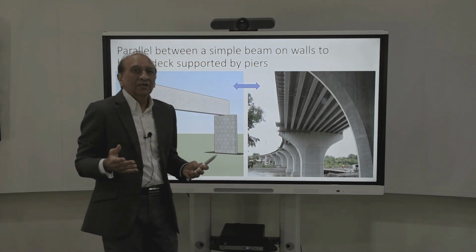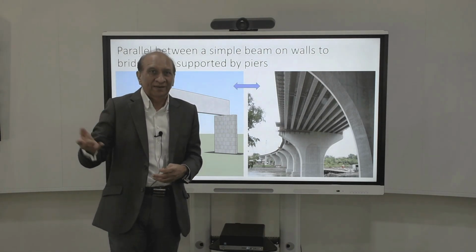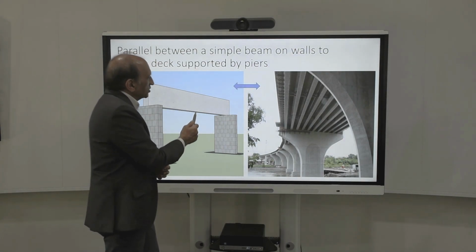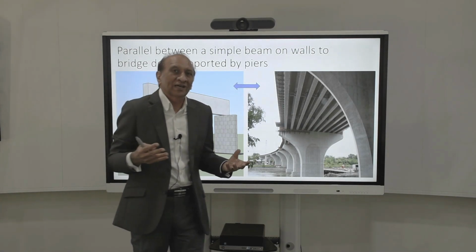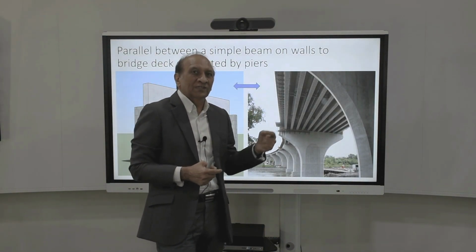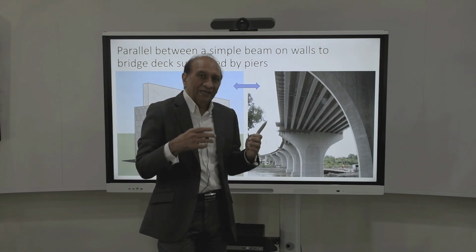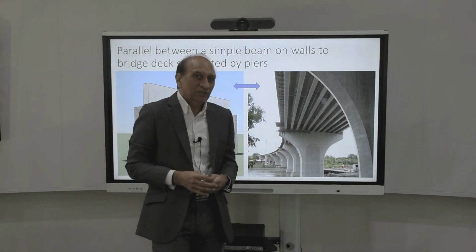It's the same problem, even more complicated than that, because we have bearings and other things coming up. So the point I'm trying to make is that when you look at a bridge structure and you look at a girder and your pier, you actually have to address most of the problems that I just indicated in the first example.